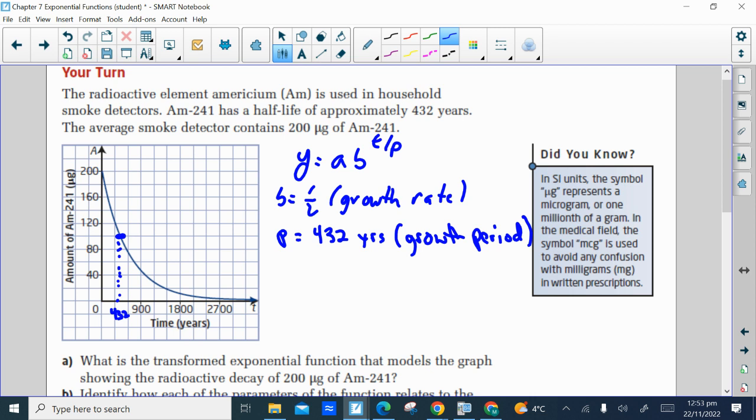So there is no k value that's added on the end like there was with the last example. There is no vertical translating here. K equals 0 because the t-axis is the horizontal asymptote.